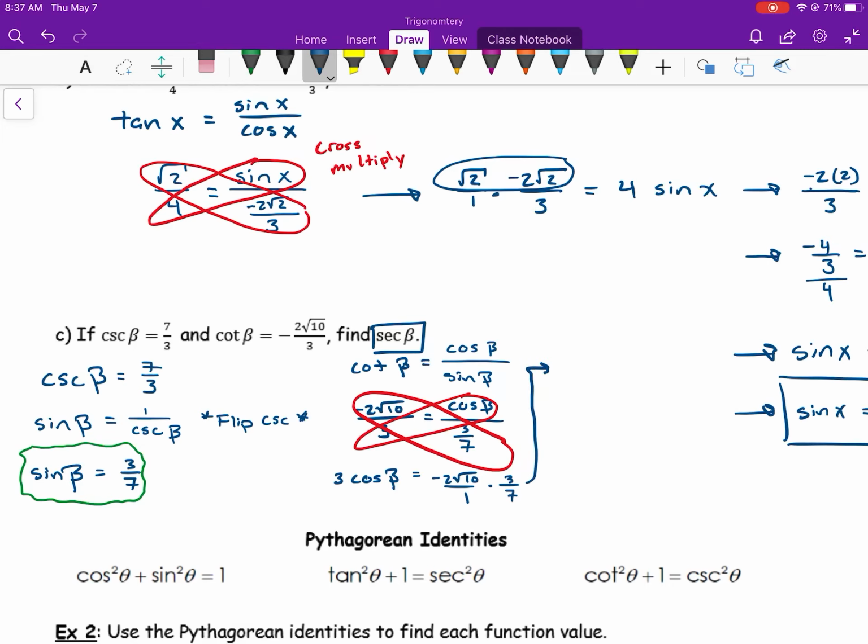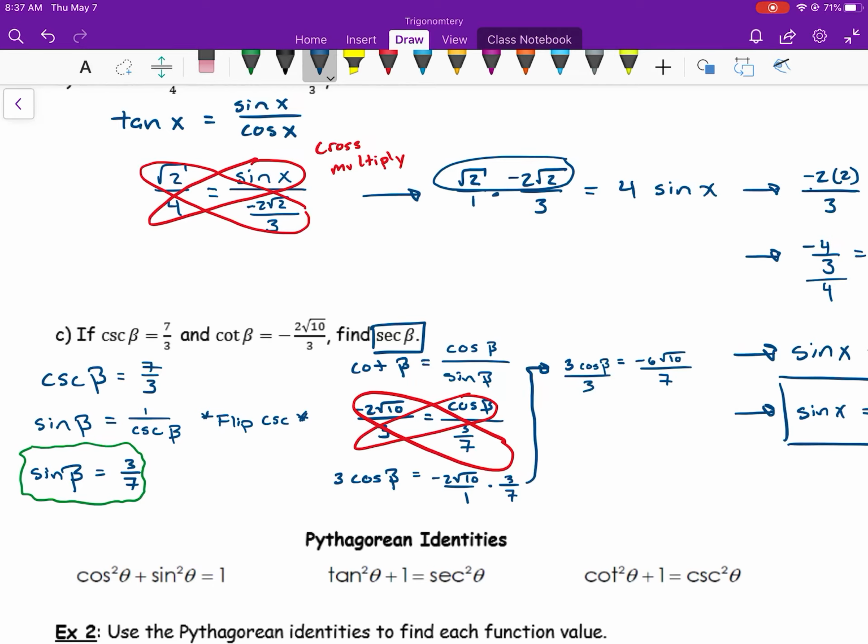So I know that 3 cosine of beta is equal to negative 6 root 10 over 7.